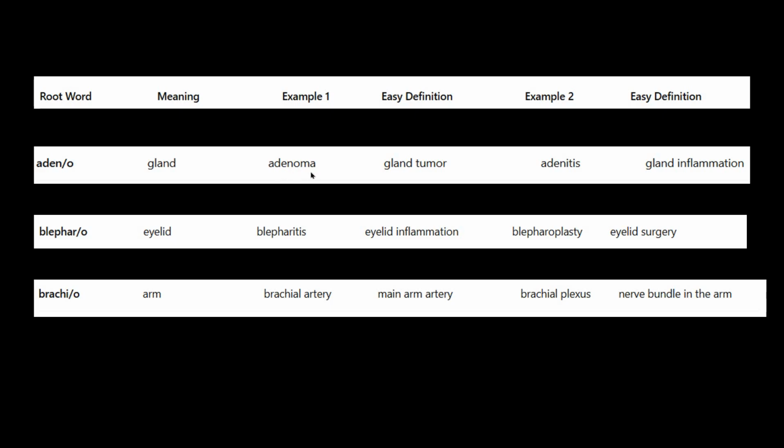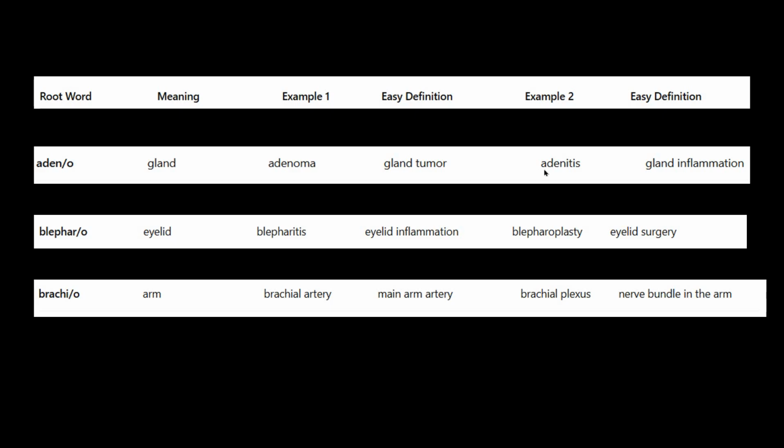Adenoma defines the condition of gland tumor. Here we are using gland tumor, and the gland word is denoted by adeno. The complete medical terminology is adenoma, whereas the root word is adeno. So this is the first example.